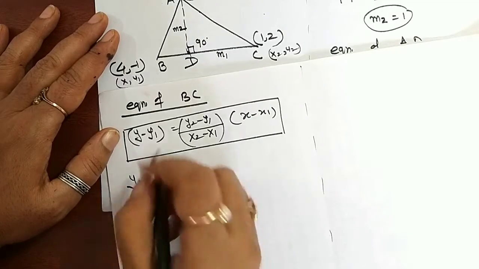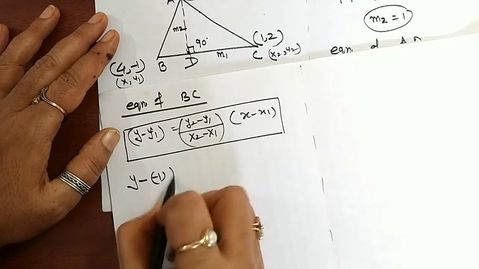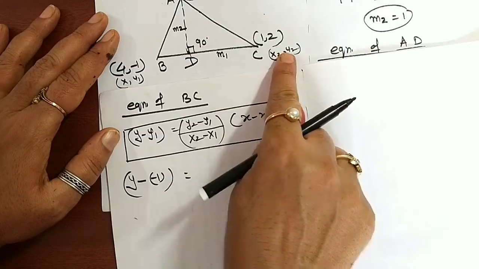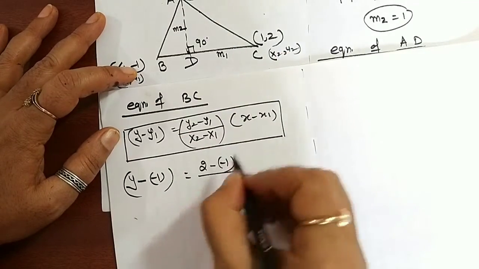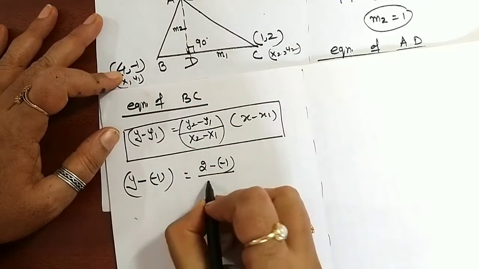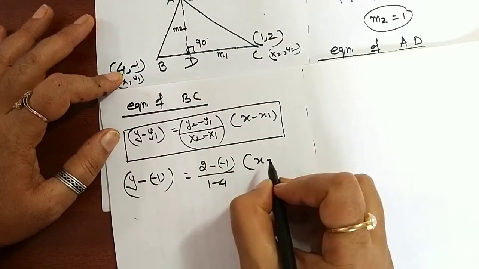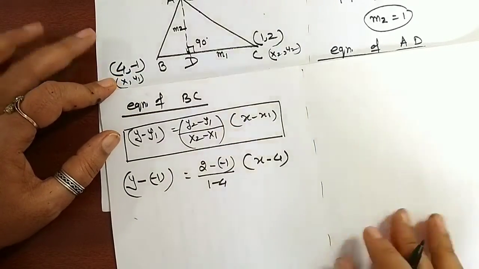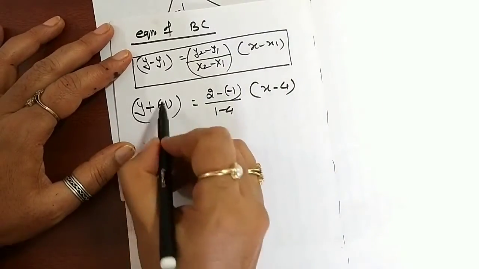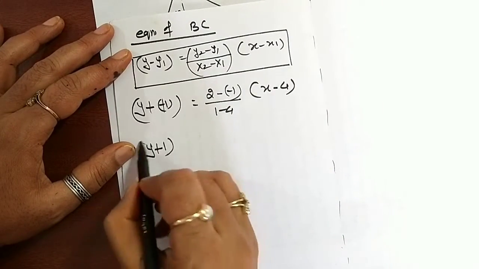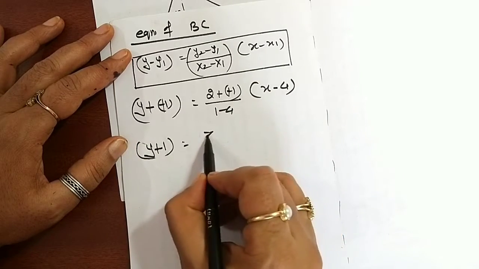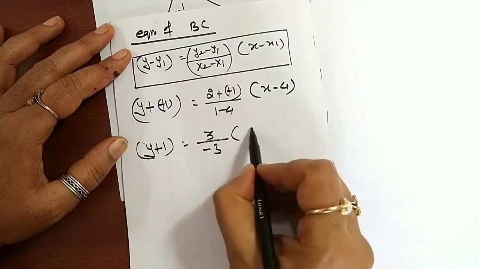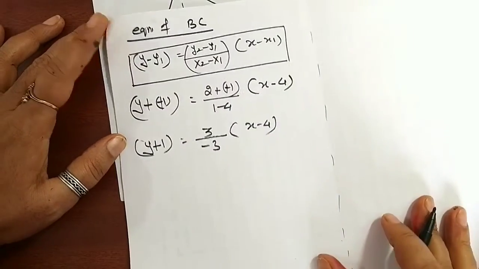So y minus y1, y1 is minus 1, is equal to y2 minus y1, so it is 2 minus of minus 1, by x2 minus x1, which is 1 minus 4, into x minus x1, which is 4. Okay, now this will become plus. So y plus 1, what is this? Plus plus, right? 2 plus 1 is 3, and this is minus 3, x minus 4.